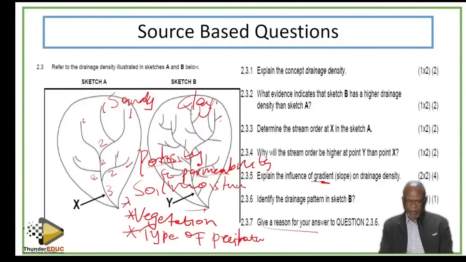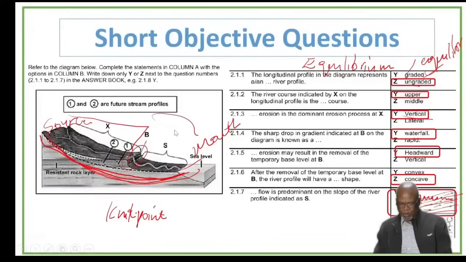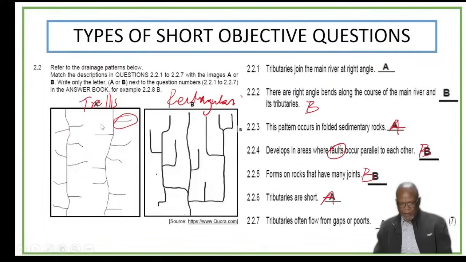Another question they can ask you is to describe the underlying rock. Then you say the underlying rock here is rock with similar resistance to erosion, or the same resistance. But when you quickly go back to the other one, you can say the underlying rock is soft and hard rock following each other.